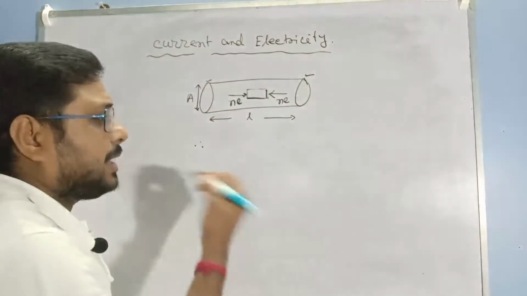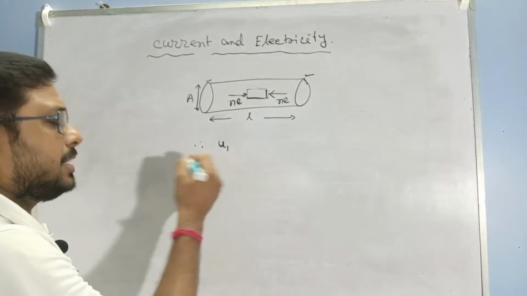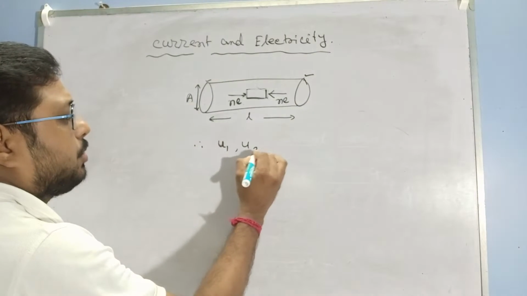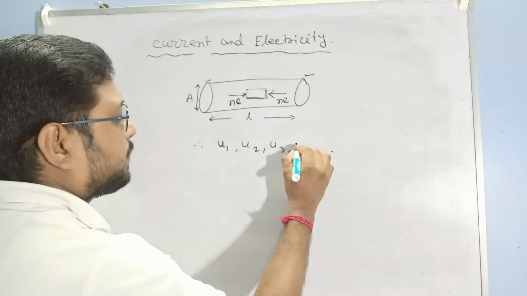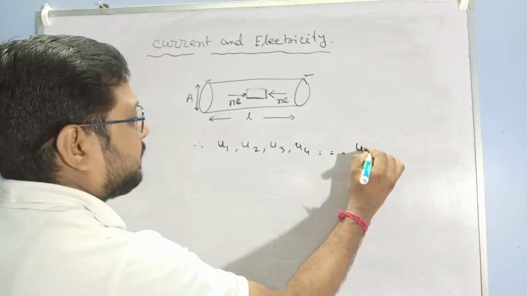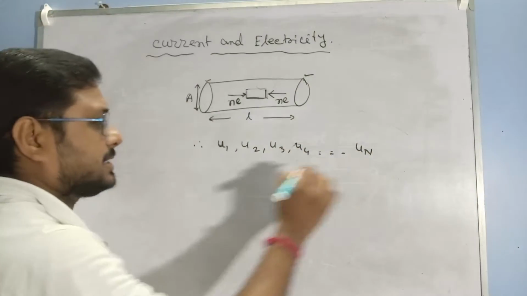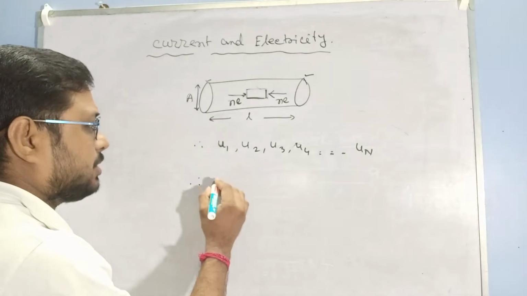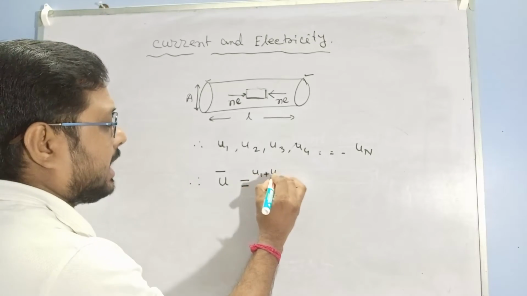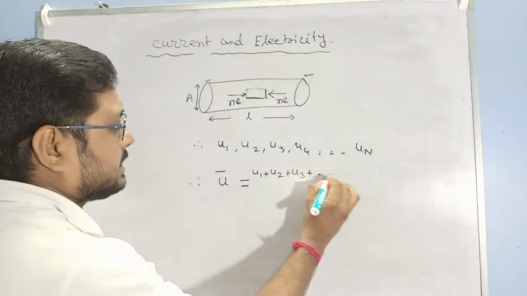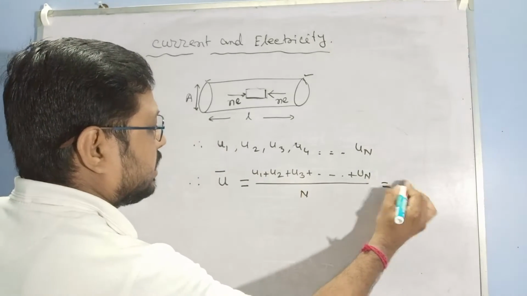If there are n number of particles, say electrons, and u1, u2, u3, up to un are the velocities of each particle, and there are such n carriers, then the average velocity, that is u bar, is equal to u1 plus u2 plus u3 up to un divided by n, which equals 0.